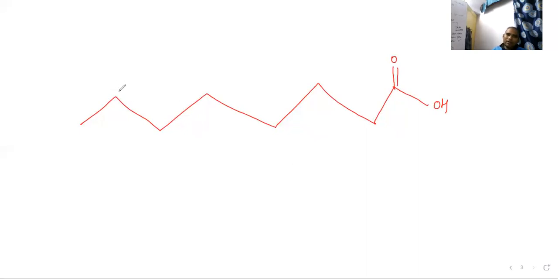And here I am having Cl. So you let me know, this is the right direction and here is the left. Which direction do we have to start? Sir, from OH. From OH. Very good.